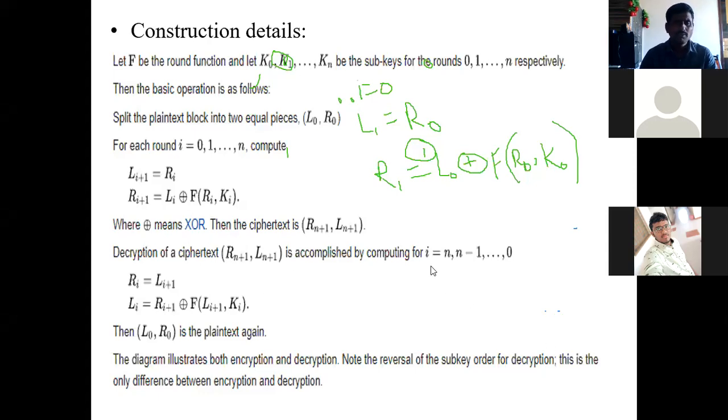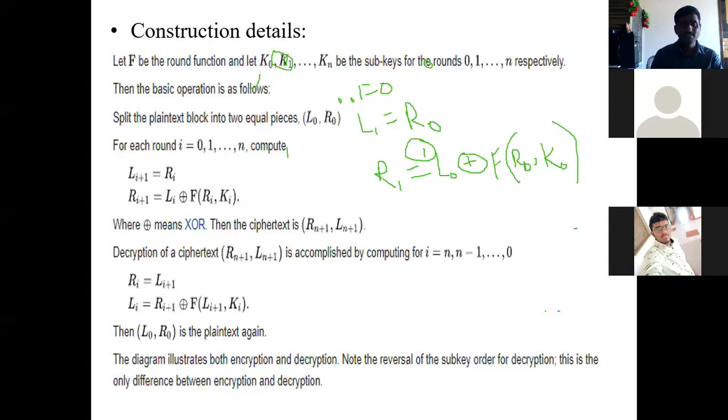Now we will see the decryption process. In decryption we also have a mathematical representation, and it is in reverse: R(n+1), L(n+1) which is accomplished. Let us take i equal to n, n minus 1, down to 0. In encryption we started with L0, R0 and i equal to 0 to n.